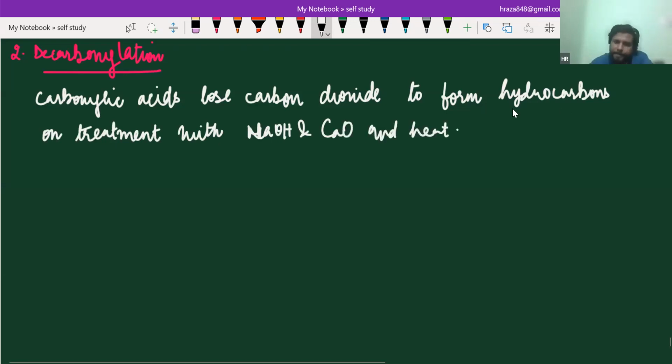It will be directly converted into hydrocarbons and there will be loss of carbon dioxide, which will react with sodium to convert itself into Na2CO3.